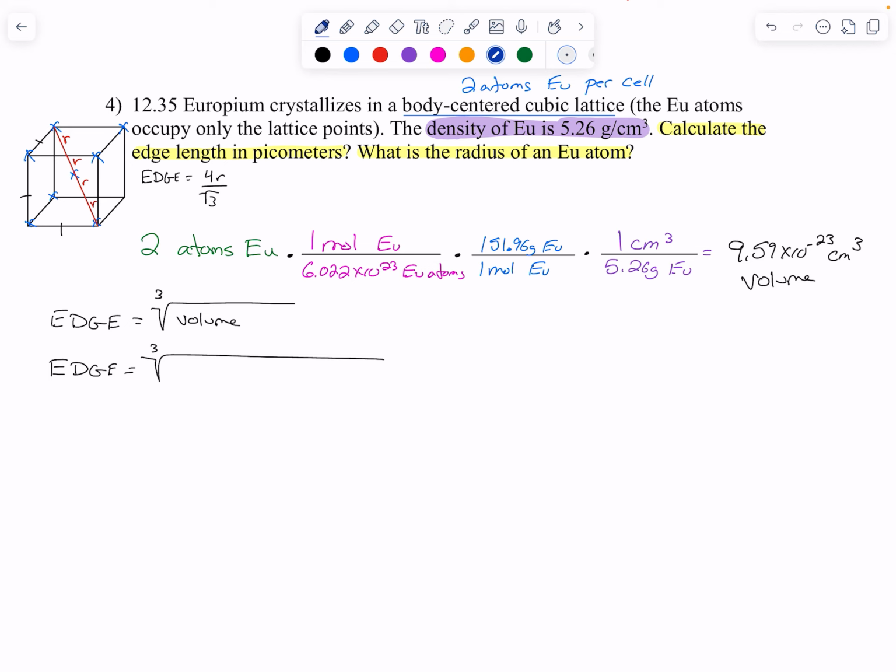And the volume is 9.59 times 10 to the negative 23rd centimeters cubed. So the edge looks like 4.58 times 10 to the negative 8th centimeters.